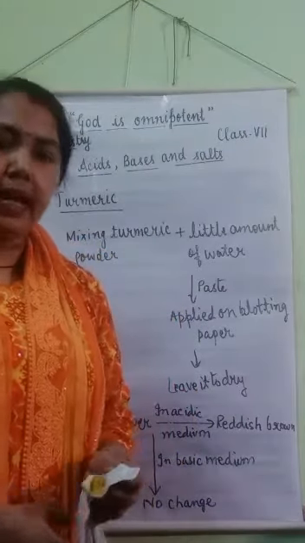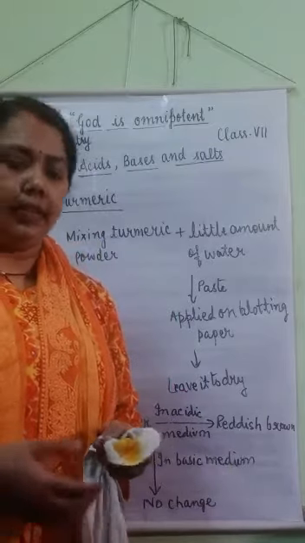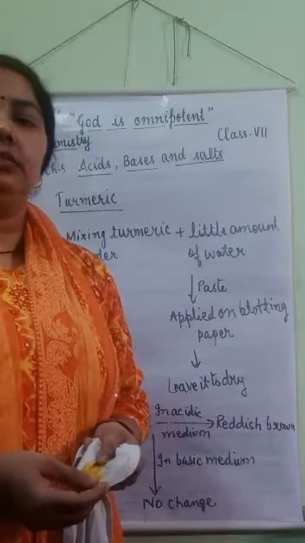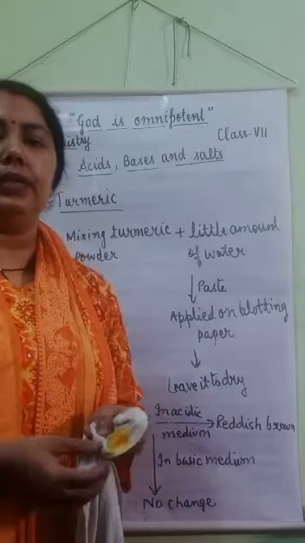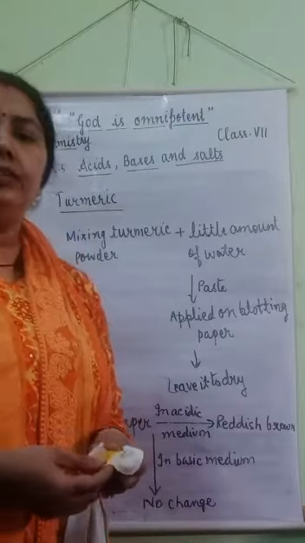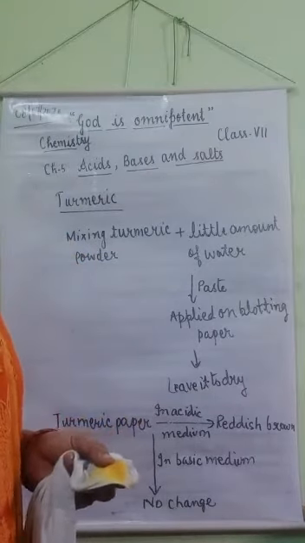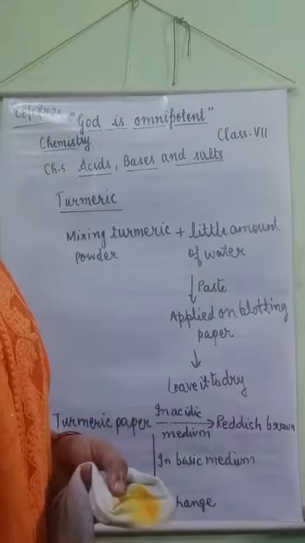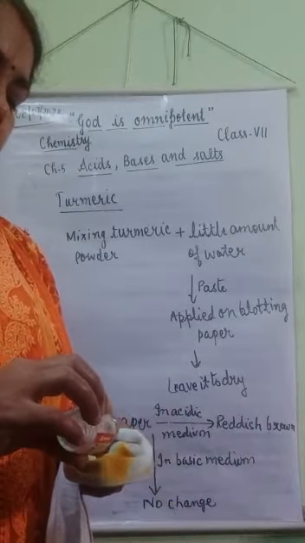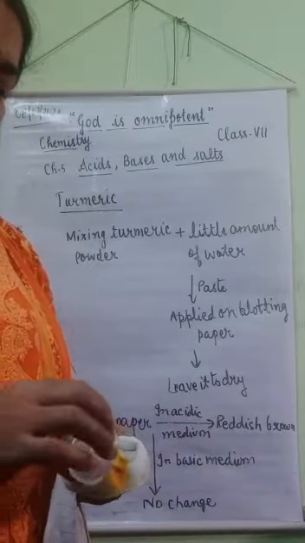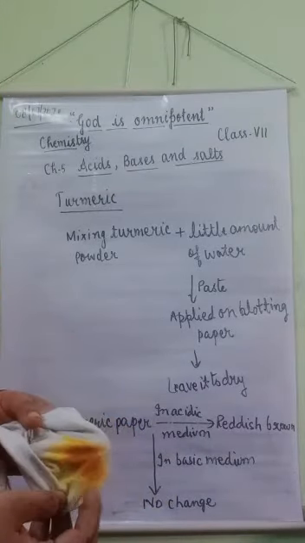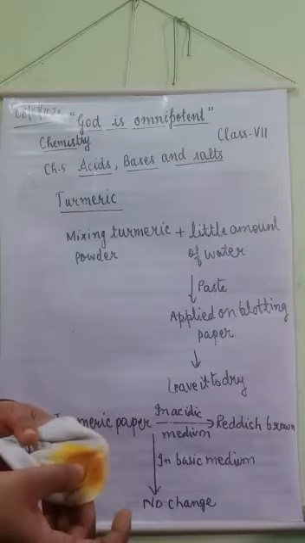So here I have taken some old cloth and I put some turmeric solution. You can see that this is a yellow spot. Now check with soap solution. I will drop some soap solution on this yellow stain. You can see that it changes into reddish brown color.